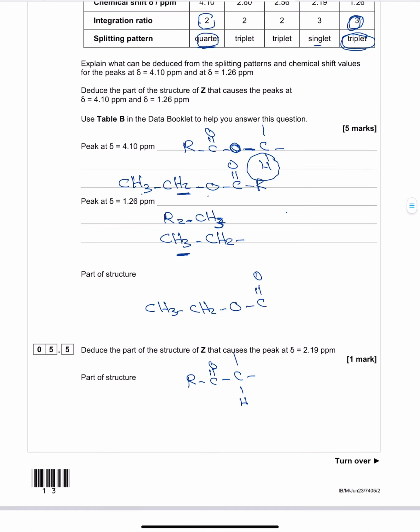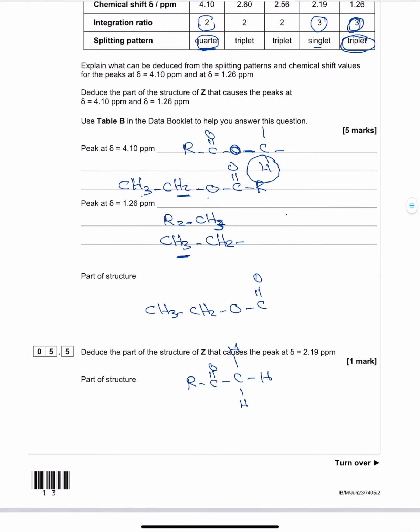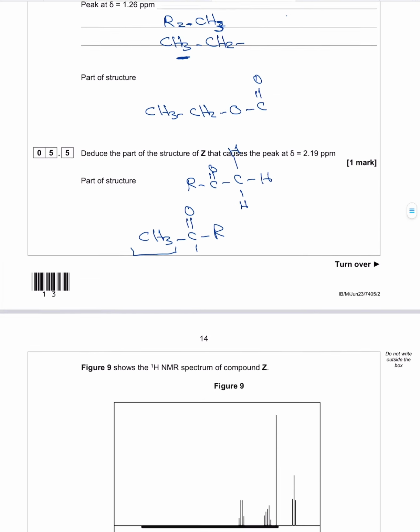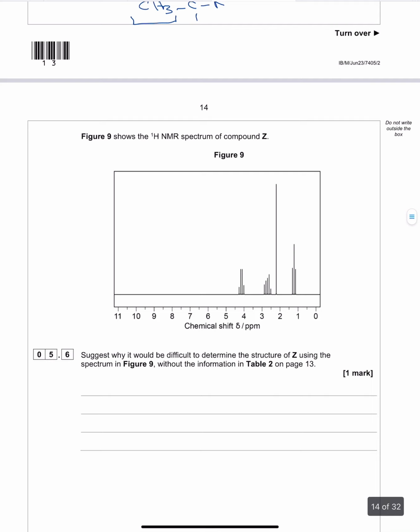And then at 2.19 here, there are three protons, which means it's going to be three protons here. So it's simply a CH3 next to a carbonyl group. So this is the part of the structure that causes that signal next to a carbonyl group, using the data booklet.